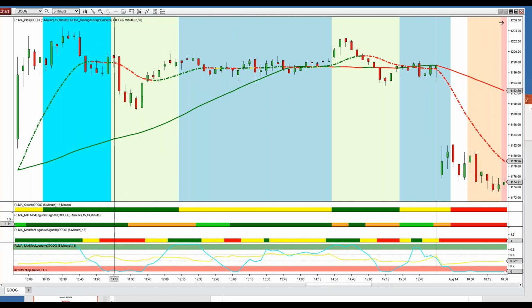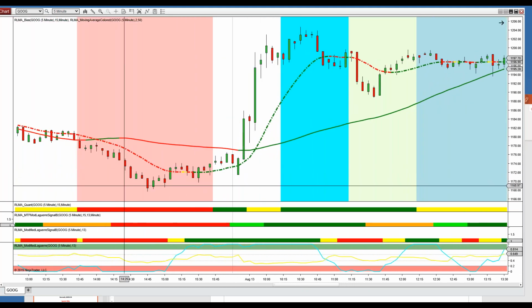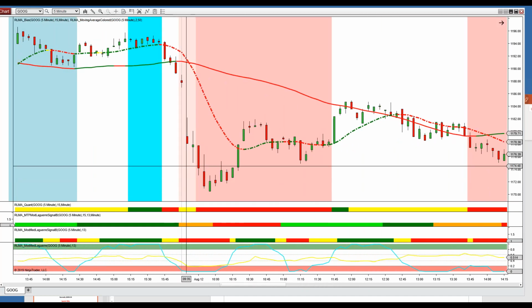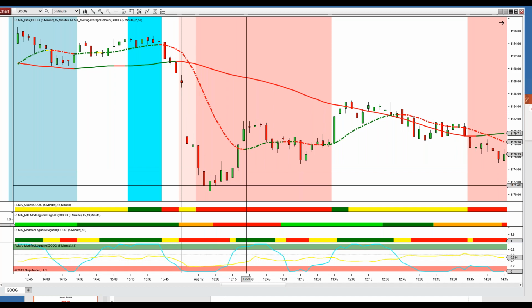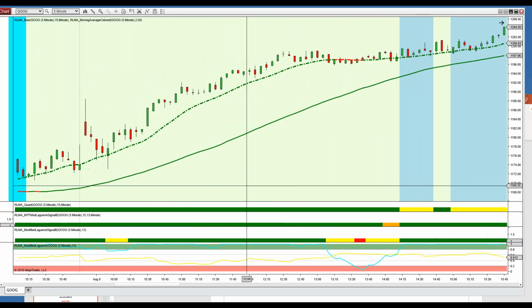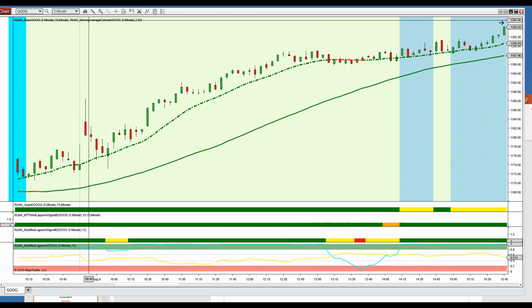Again, here, the chart is heading down, no signal. Here you would get a short. Here's another short. And here's your killer long right here.